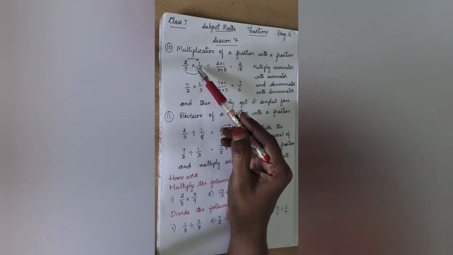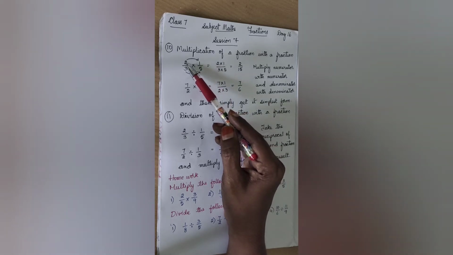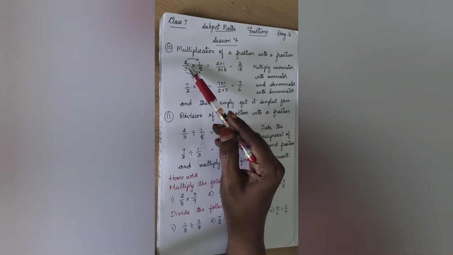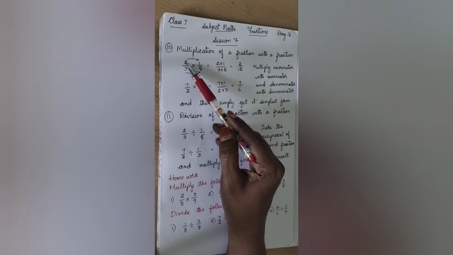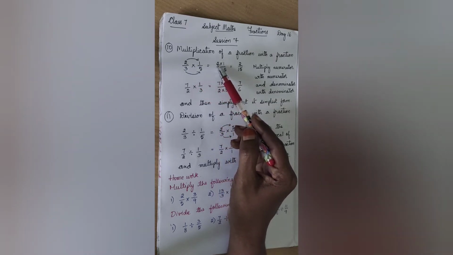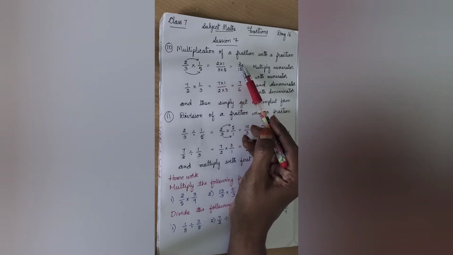To multiply the given two fractions, you simply multiply the numerators separately. For 2 by 3 the numerator is 2, for 1 by 5 the numerator is 1. So we are multiplying numerator with numerator: 2 into 1, or 2 ones are 2.